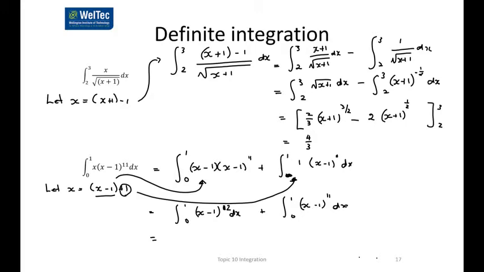It's x minus 1 to the power of 13 over 13, plus x minus 1 to the power of 12 over 12, and we're going to substitute in 1, substitute in 0, and subtract, and we should get 1 over 13 minus 1 over 12, which is negative 156ths.